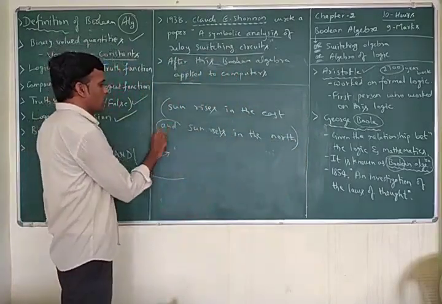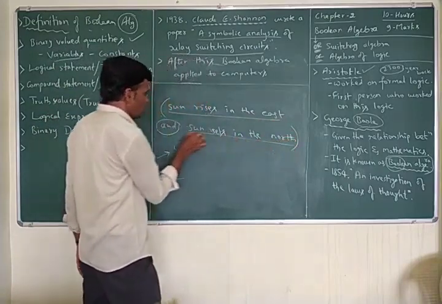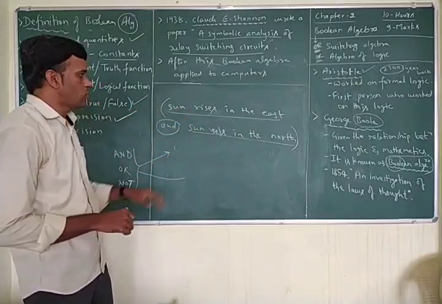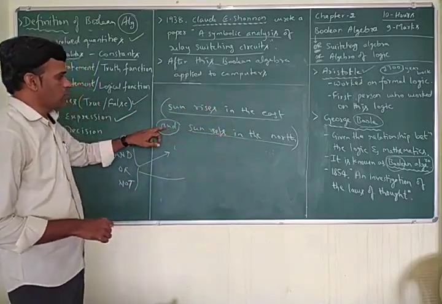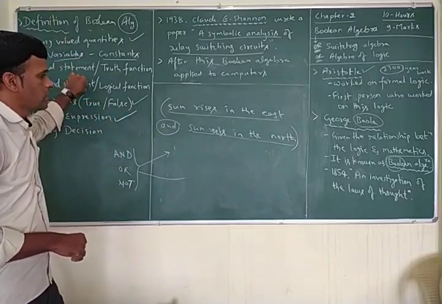And is one of the logical connectives or operators. This is one simple statement, this is another simple statement, and altogether it is a compound statement. So two or more statements connected with logical connectives is called a compound statement.